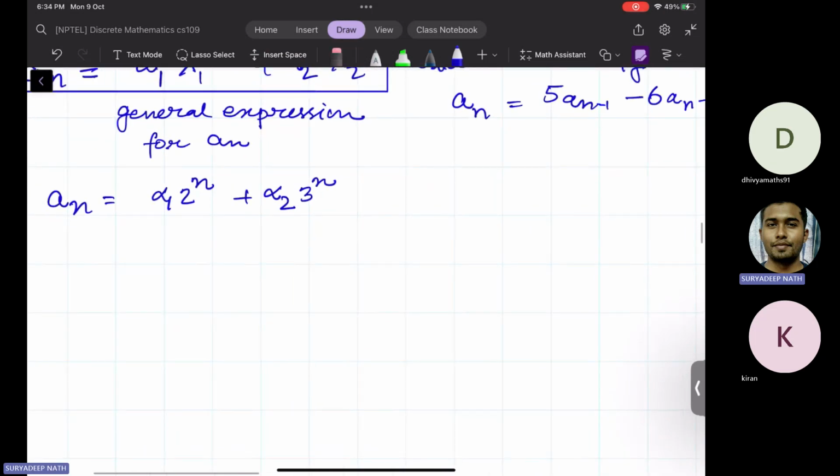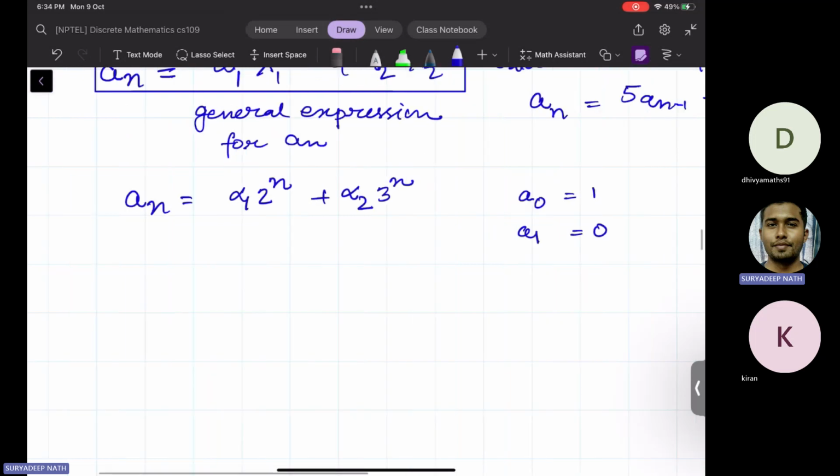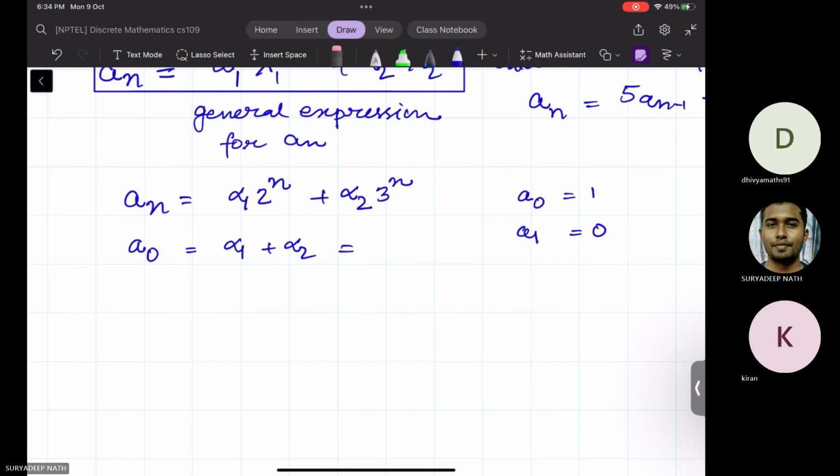If I plug it here, a0 would be alpha 1 plus alpha 2, that is 1. And a1 would be 2 alpha 1 plus 3 alpha 2, that is going to be 0.